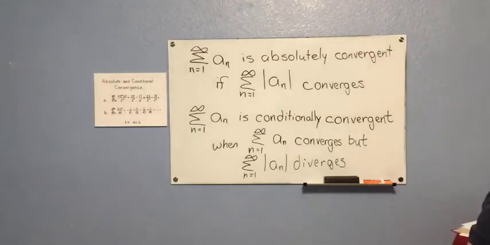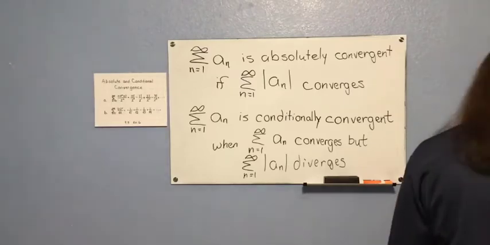Okay, so that's the difference between absolutely convergent and conditionally convergent.